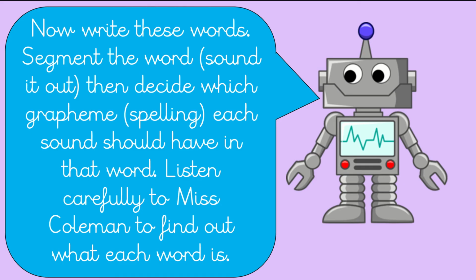Segment the word, sound it out, then decide which grapheme, so which spelling each sound should have in that word. Listen carefully to Miss Coleman to find out what each word is. Okay, everybody, so the first word that I want you to sound out, I want you to segment this word into its different phonemes, the different sounds, and then I want you to write it.